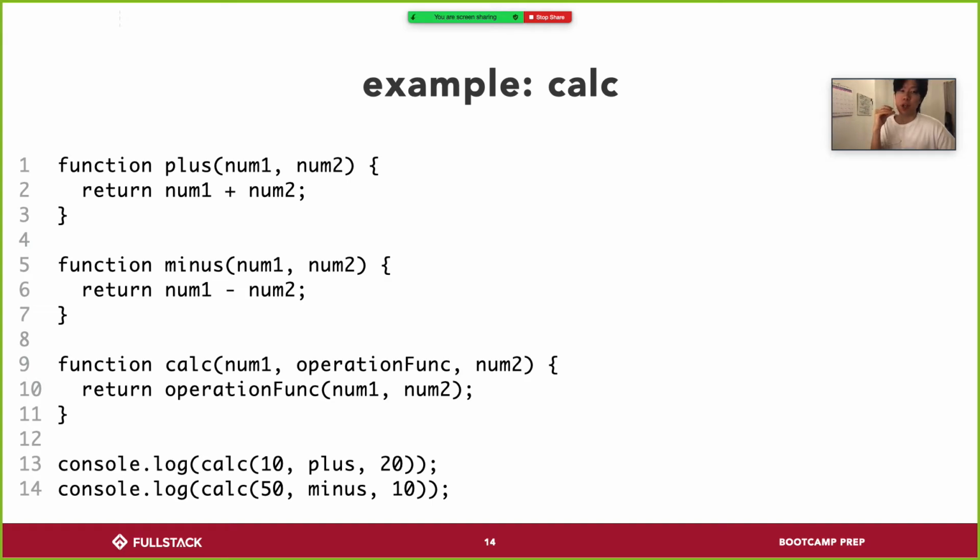Yep. Or 30 and 40, I believe, because it's minus. The second was minus. But yeah, basically the same concept that we've been going over: operation func can take the identity of plus, it can take the identity of minus. It is a variable, and by definition, variables can take different values. And this gives it flexibility so that it can be whatever function you happen to pass in.